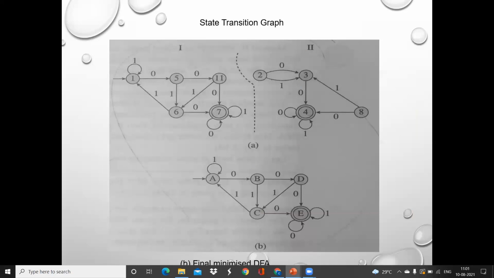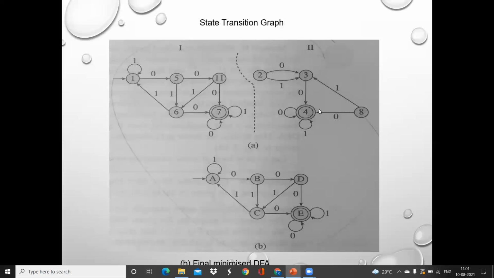Here we got this diagram in two parts, but you can't reach any of the states in one part from the initial state. From state 1 there is no path to 2, 3, 4 or 8, and that is the reason it is removed.